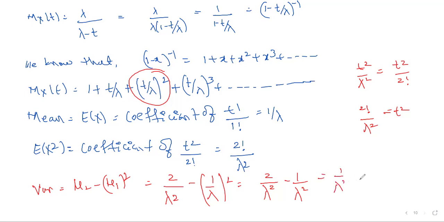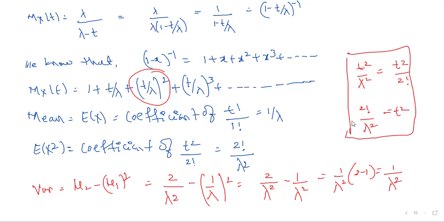When I take 1 divided by lambda square outside, 2 minus 1, this is nothing but 1 divided by lambda square. Variance will be 1 divided by lambda square, right? So these are the numerical examples. I will cut this part here only. In the next part, we are going to discuss properties of moment generating functions.